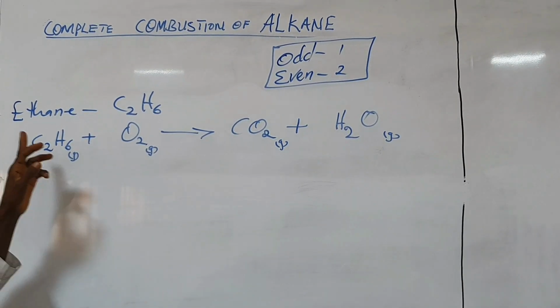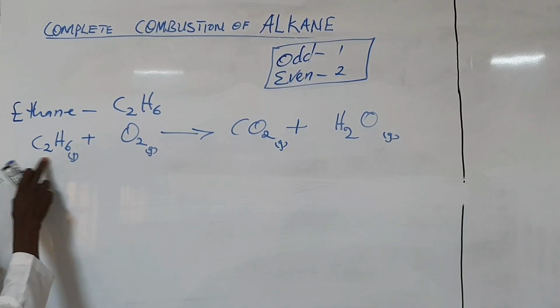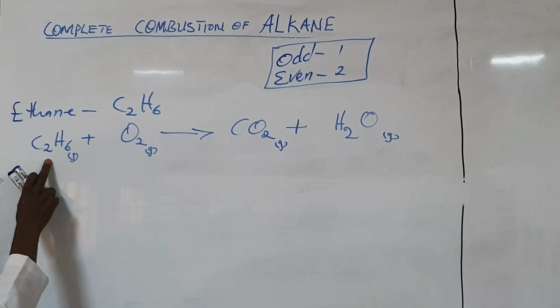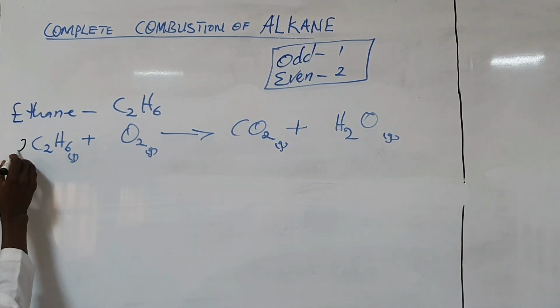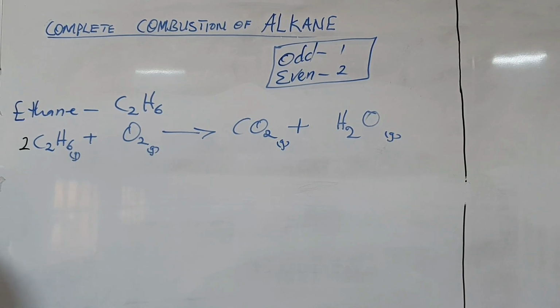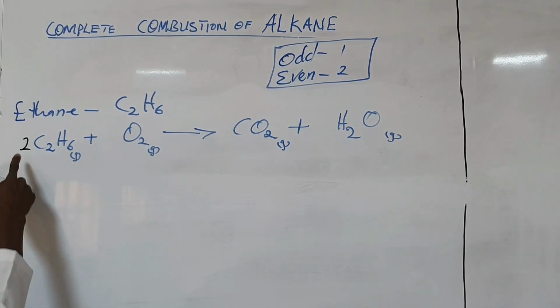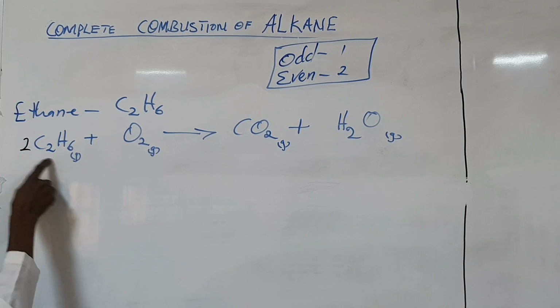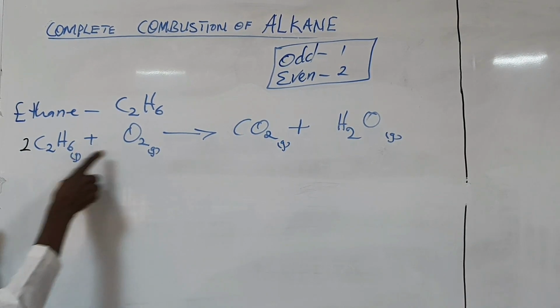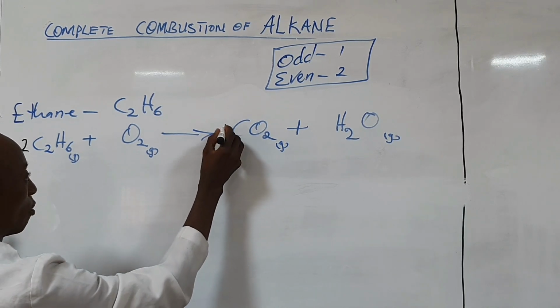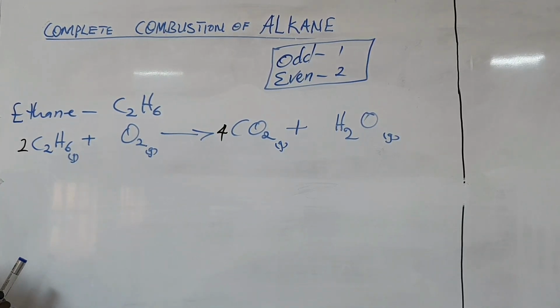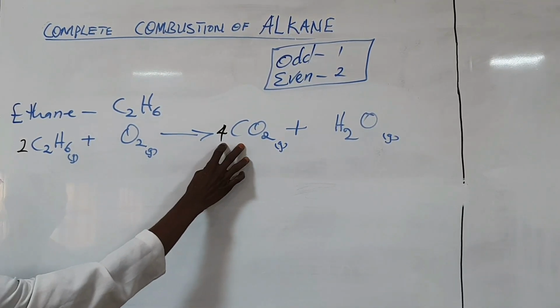Once you know that you have an even number of carbon to balance, the sharp way to go about that is just to introduce 2 moles of your reactant. 2 C2H6, which means you have 4 atoms of carbon. Therefore, from the product side, to make it 4 carbon, this will become 4 CO2.